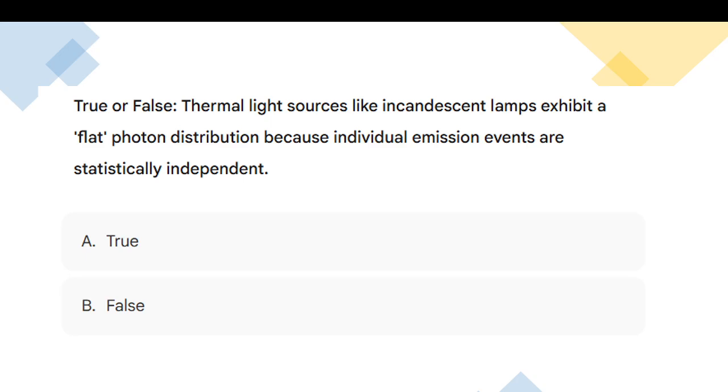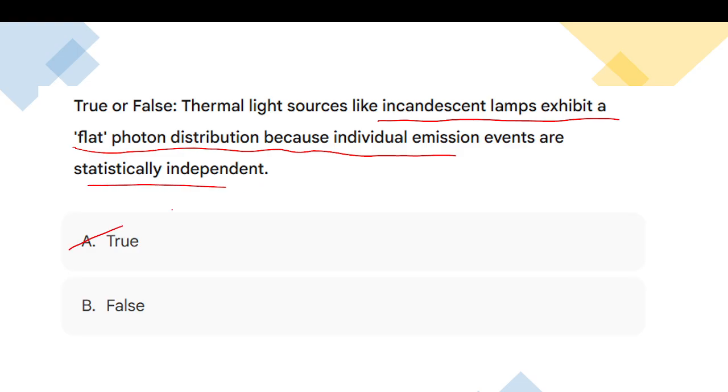So what could be the correct answer here? The correct answer will be that the incandescent light exhibits a flat photon distribution because individual emission events are statistically independent. Yes, so this is the correct one.